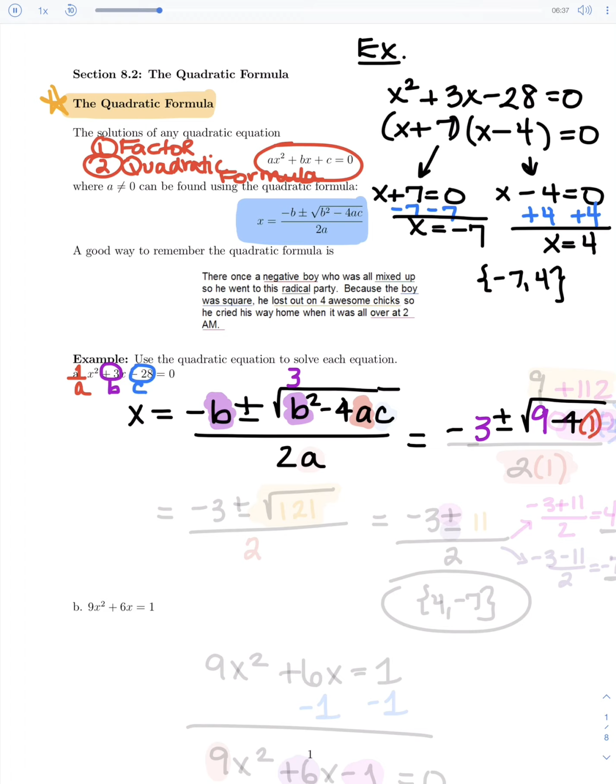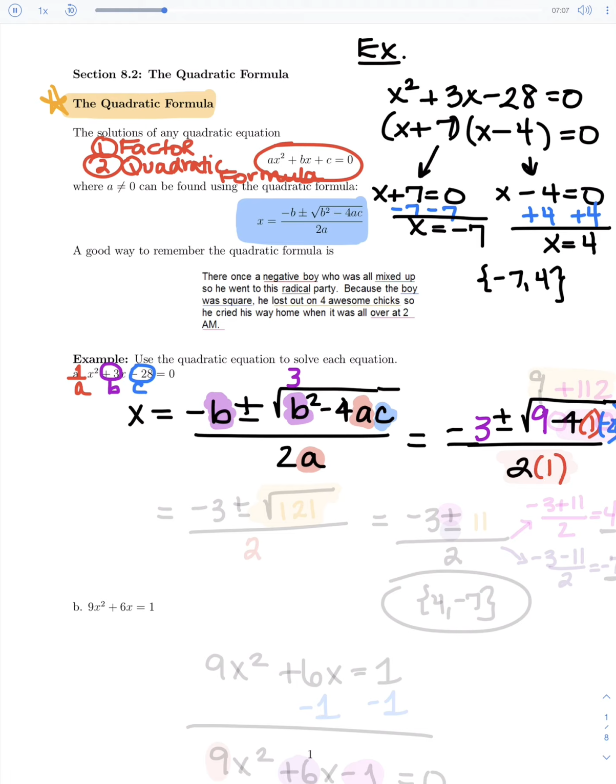Times c. Well, we said c was negative 28, so we can plug that in. And that's all underneath your square root. All over 2 times, again, our a on the bottom, which was 1.